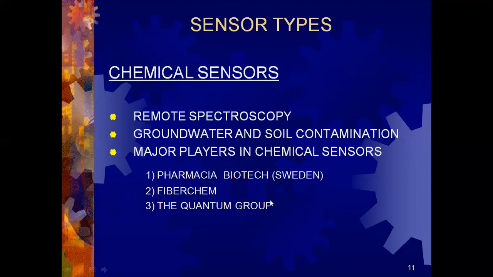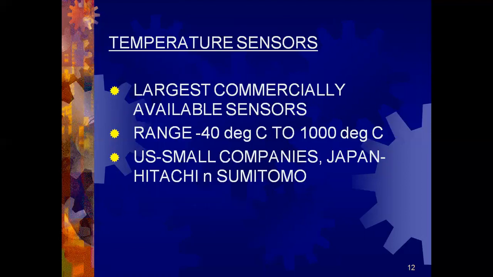These are the companies manufacturing chemical sensors. Now, the temperature sensors are the largest commercially available sensors, with a range of minus 40 degrees Celsius to 1000 degrees Celsius. Small companies in Japan, such as Hitachi and Sumitomo, are manufacturing this type of sensor.